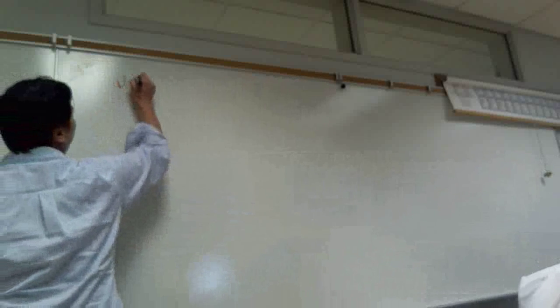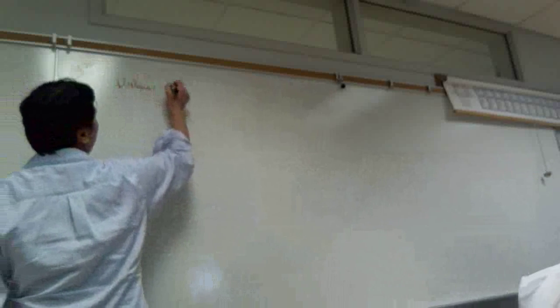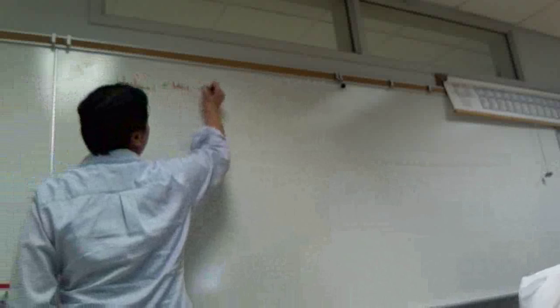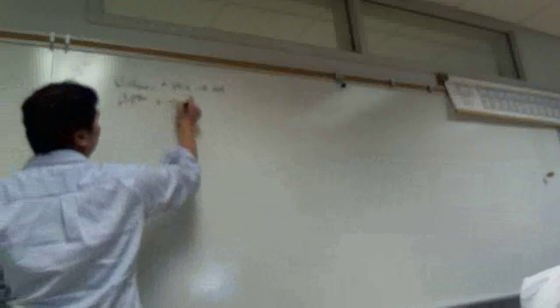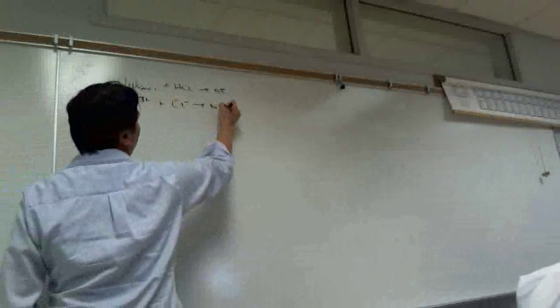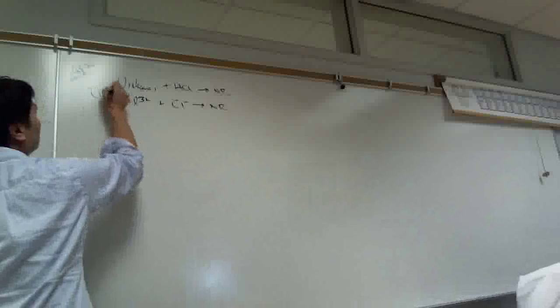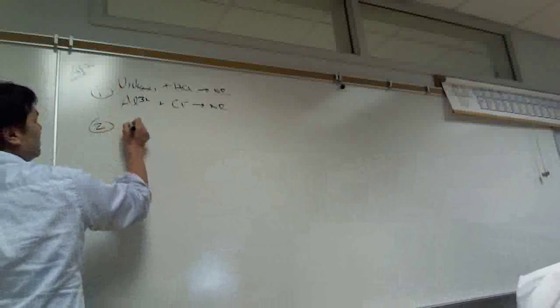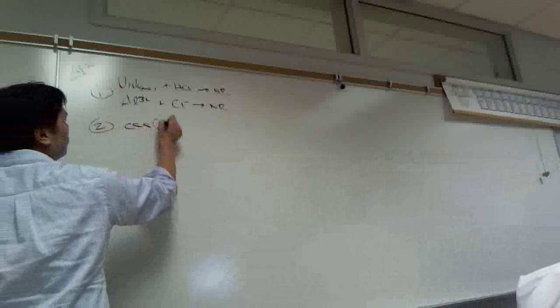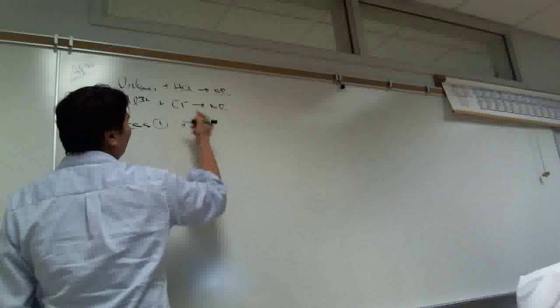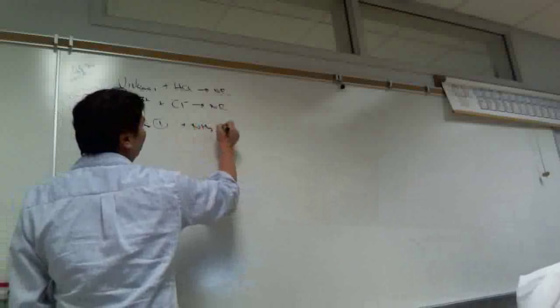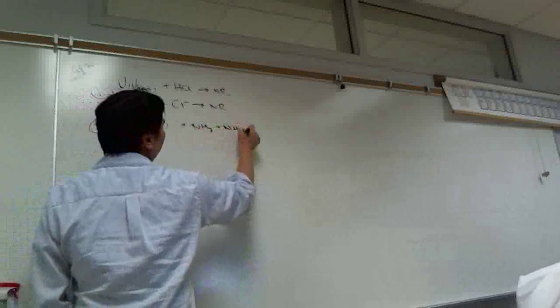So if our unknown contains some aluminum and we react it with HCl, there should be no reaction. And so the equation for this is Al3+. Chloride's not going to precipitate anything. We get NR. And then we take this CCS from 1 and then add the ammonium buffer.